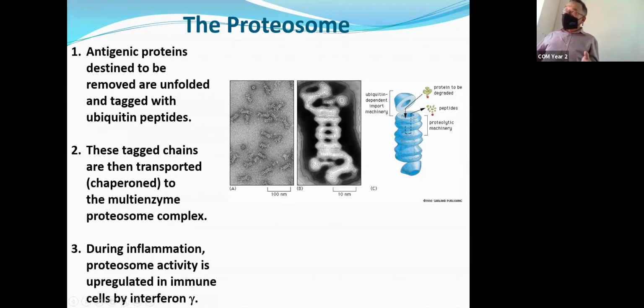The upshot of this is that you are creating more antigen presentation on these antigen presenting cells during an inflammatory response, an infection or whatever, for presentation to these reactive T cells.